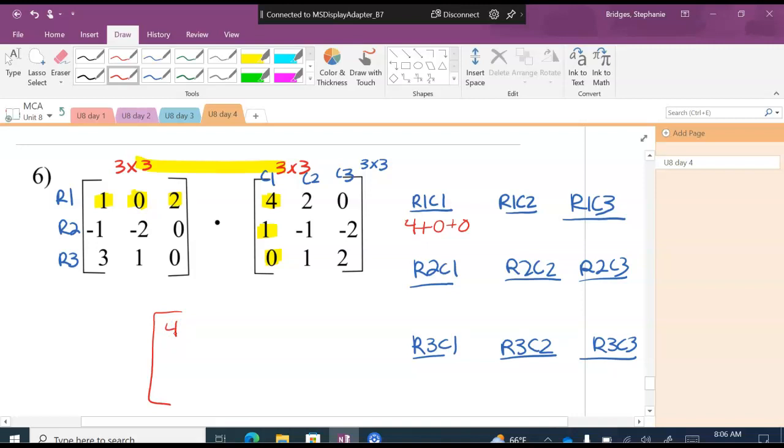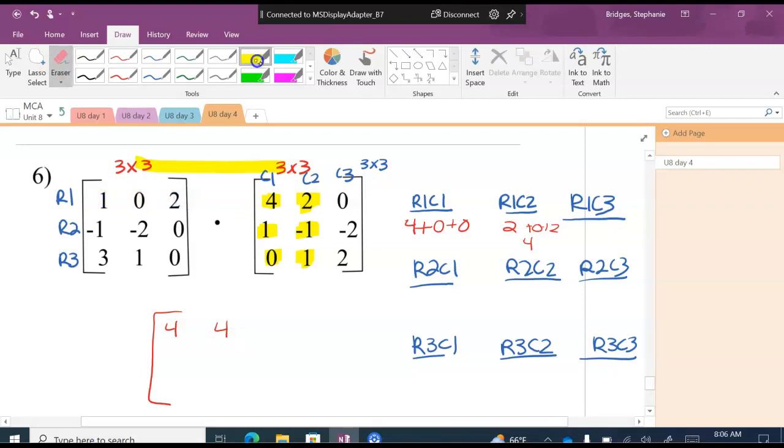Then I do the same thing again with row 1. We're going to multiply 1 times 2, which gives me 2. And then 0 times negative 1 is 0. And then 2 times 1 gives me 2. So 2 plus 0 plus 2 gives me another 4 in row 1, column 2.